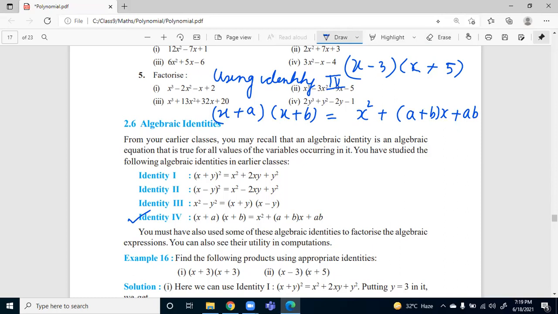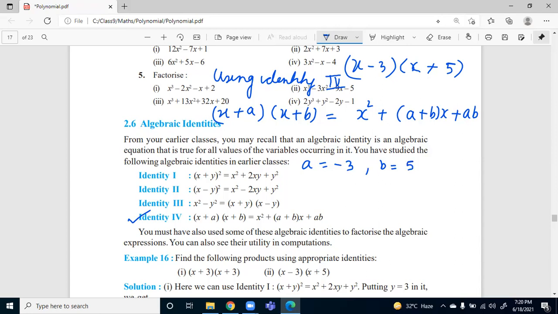Okay, so when you compare, what is the value of a here in our case? a, I am asking. Minus 3. a is minus 3. Okay, and what is the value of b? Plus 5. You are correct.